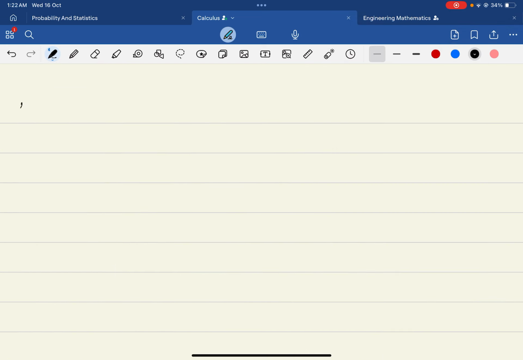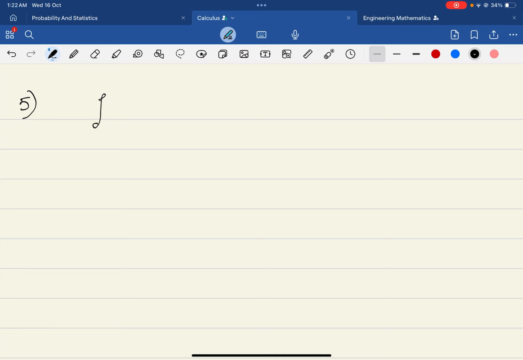I'll give you one more problem, problem 5: integral of minus 1 to 1, integral of 0 to 2, (1 minus 6x square y) dx dy. So what we do? We just put the brackets here.